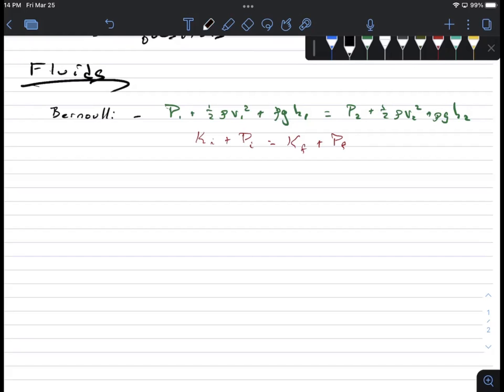Now, along with Bernoulli, we found that we need a secondary equation which helps us derive some of this information. For instance, when you have a pipe system and I say the pipe constricts to some new size, well, there's nothing in Bernoulli that tells you about the size of the pipe.